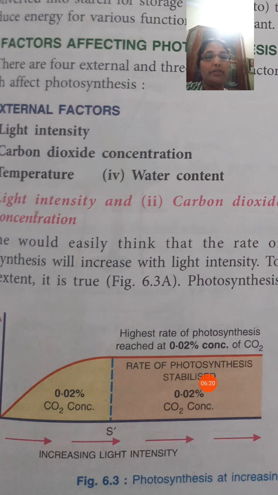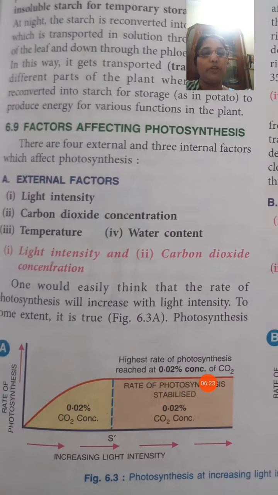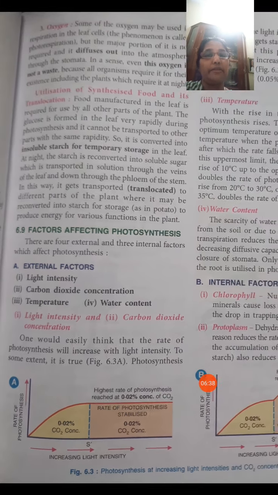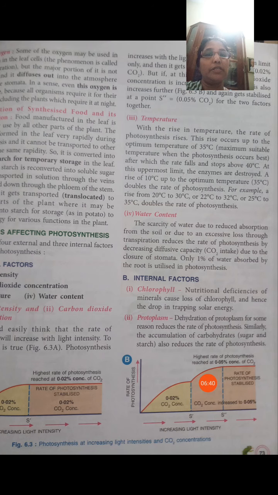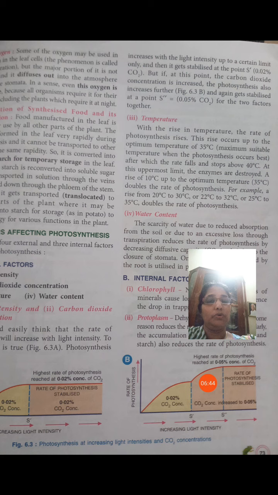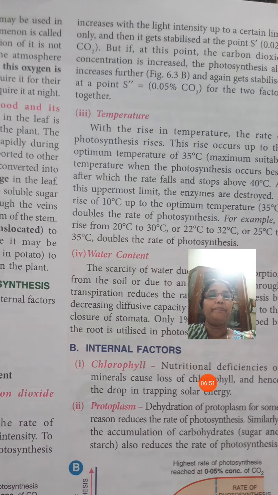Further increase in light intensity will not increase the rate of photosynthesis; it becomes stabilized. Light is necessary for photosynthesis, but if we increase it beyond a certain level, we cannot increase the rate of photosynthesis. That is what happens.